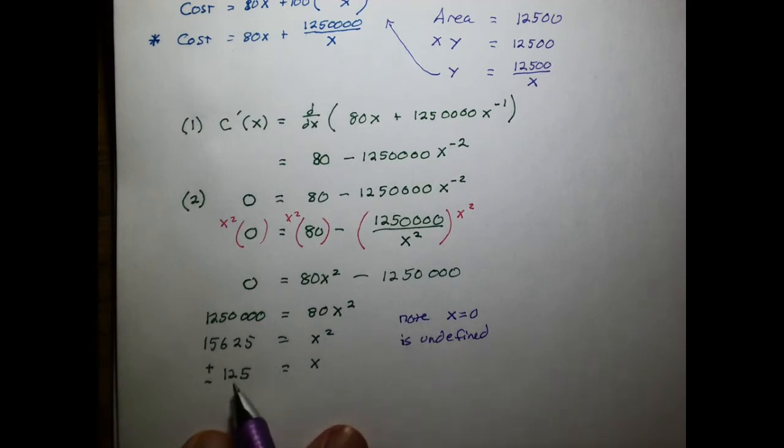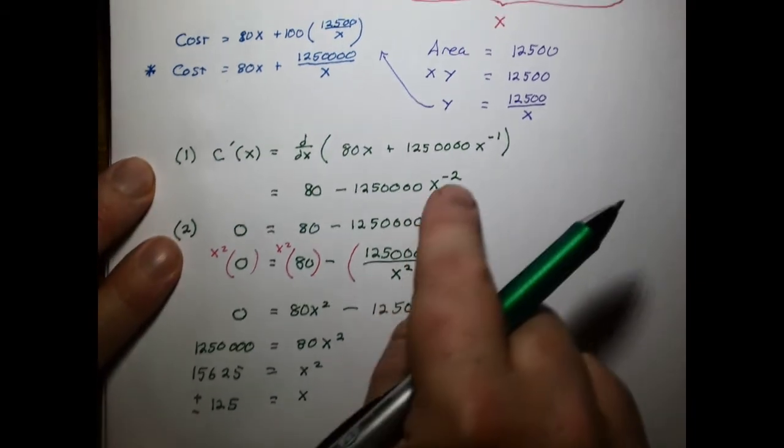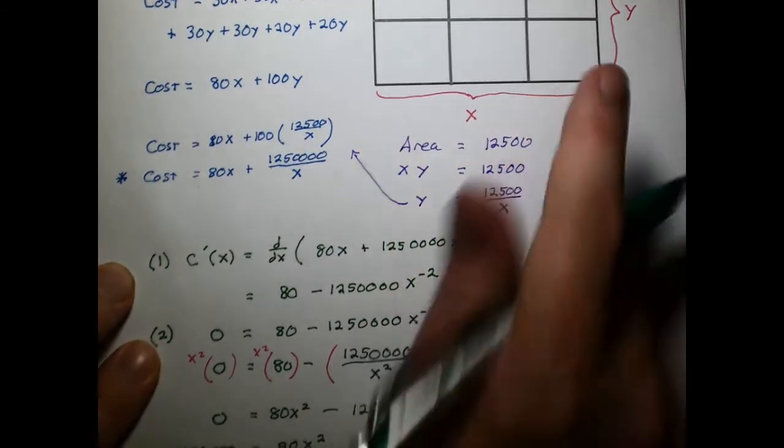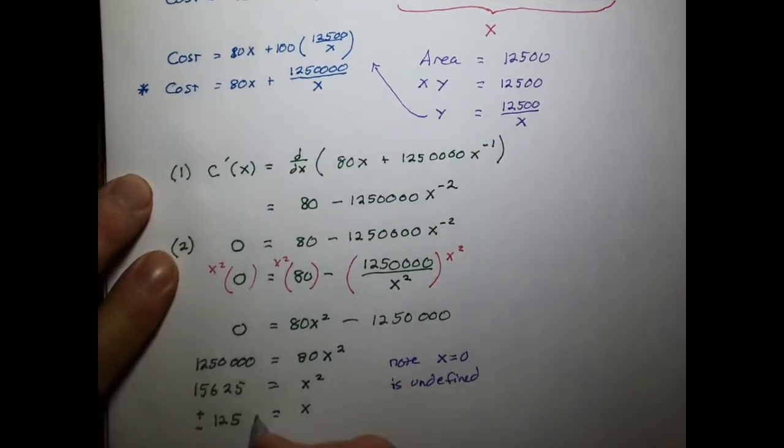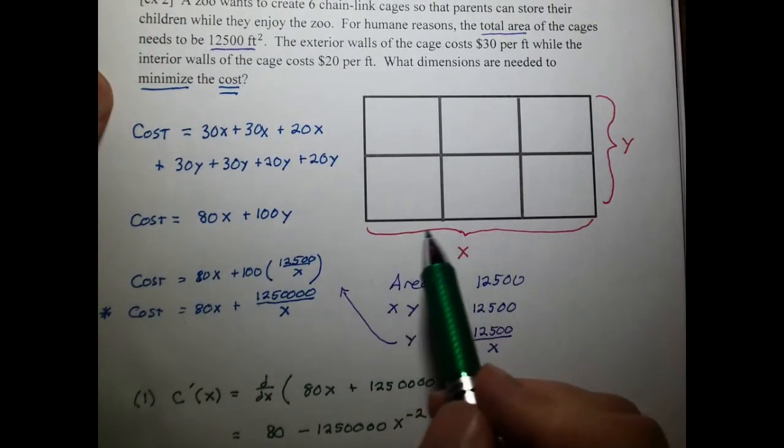Negative 125 for x, a positive 125 for x, and 0 for x. Now remember what x is. X is this length. So it is the number of feet representing the width of our cage.